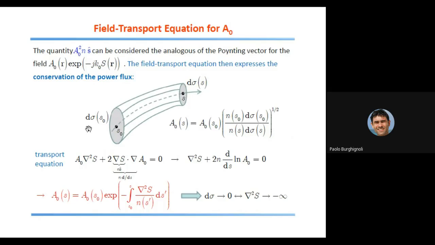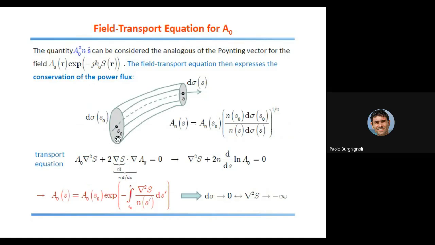So you can see easily that if your tube of flux shrinks, so the area gets reduced, like in this picture, then this of course means that the amplitude A0 must be increased proportionally to the square root of the areas. So you have a law of variation of the amplitude along a ray.